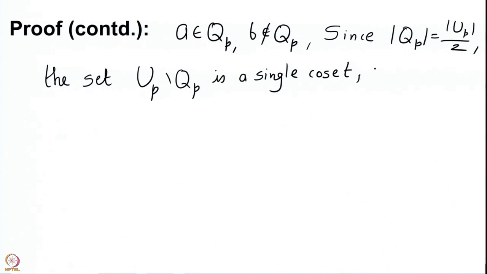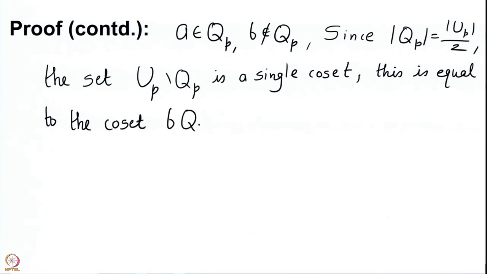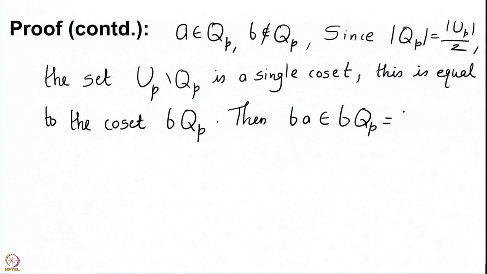And since B is not in Q_p, this is equal to the coset BQ_p. Now we have that A is in Q_p and then BA also belongs to the coset BQ_p, which is actually equal to U_p minus Q_p.